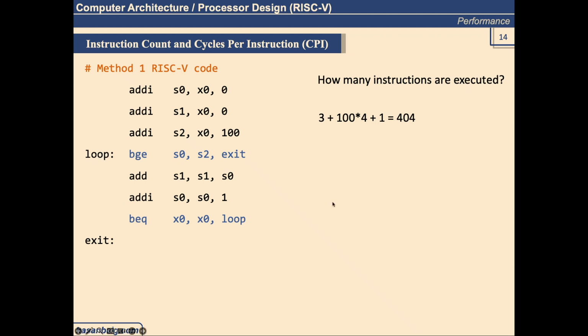Now to determine how much time these instructions take to complete, how do you calculate it in terms of clock cycles? How many clock cycles do they take? So what could be the formula?